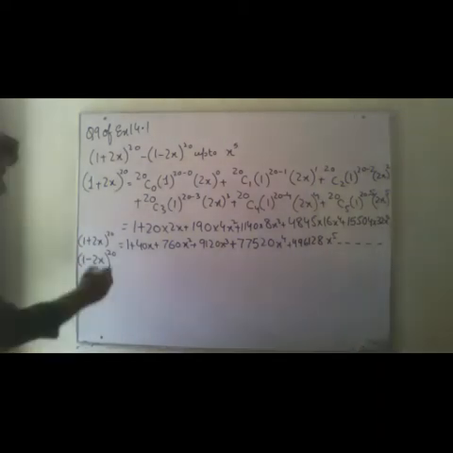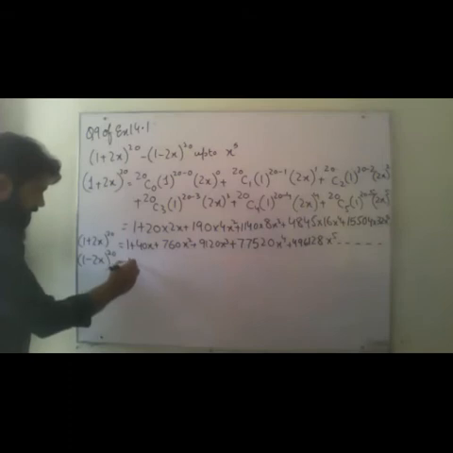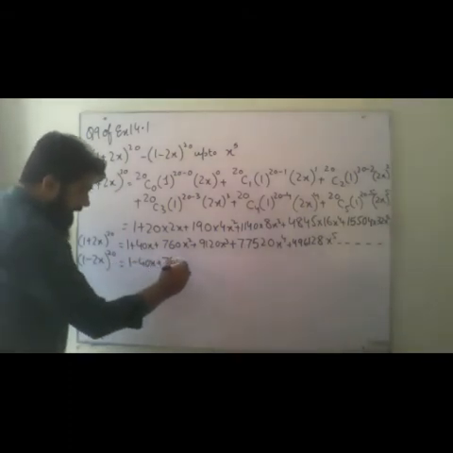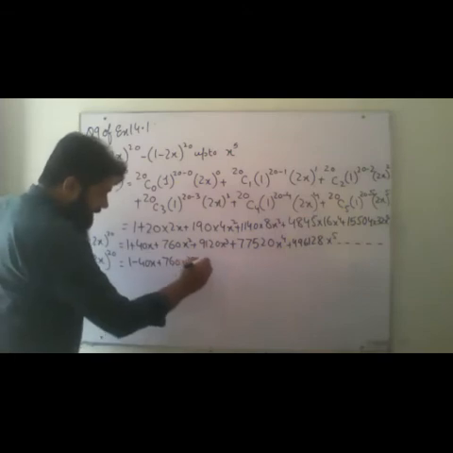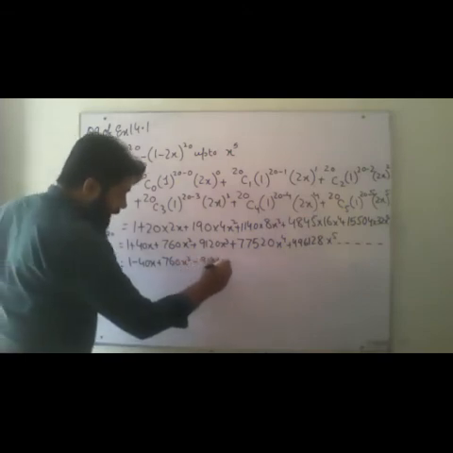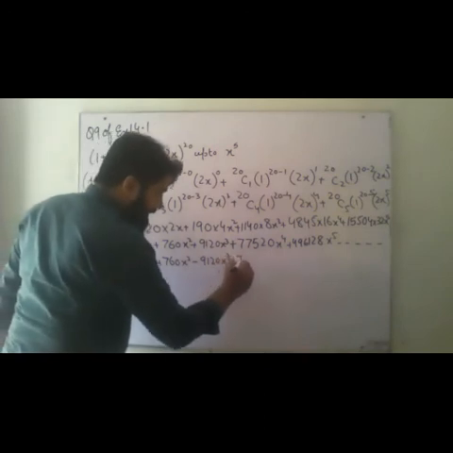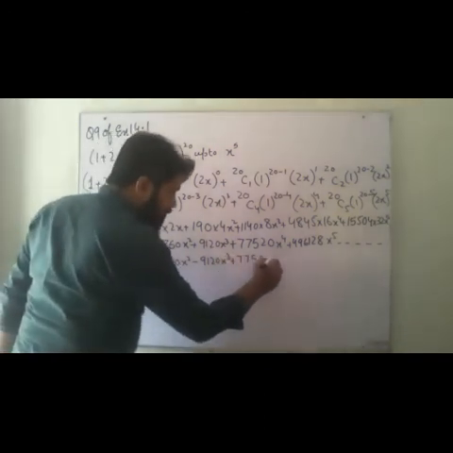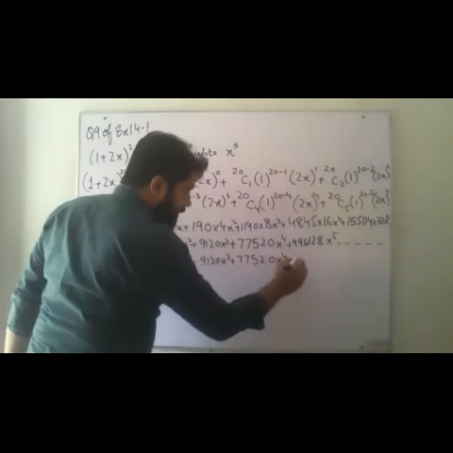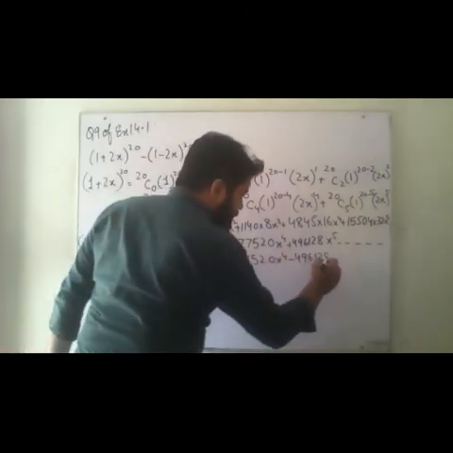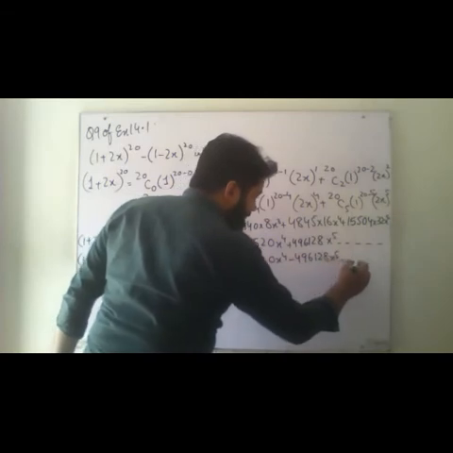So I will write 1 minus 40x plus 760x square minus 9120x cube plus 77520 x4 minus 496128 x5 and then so on.